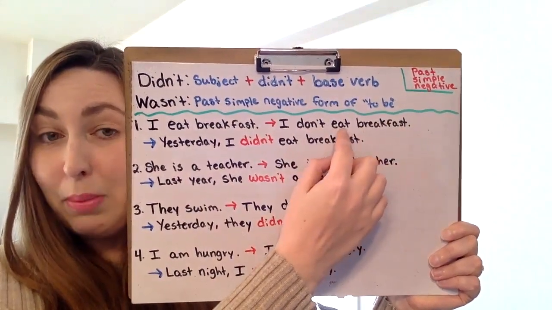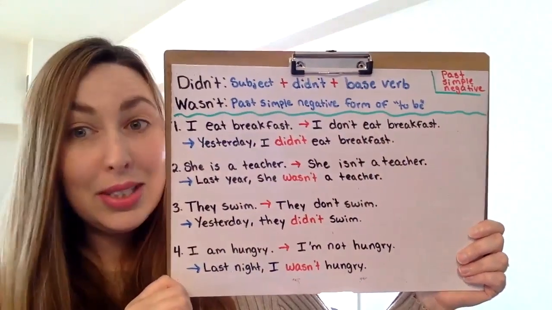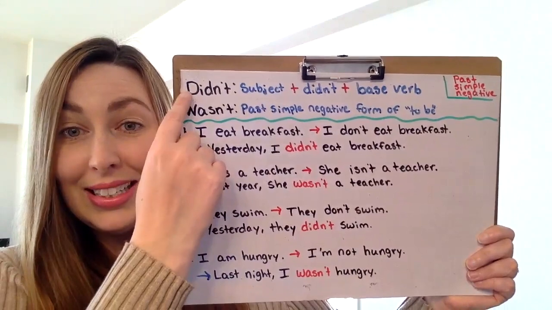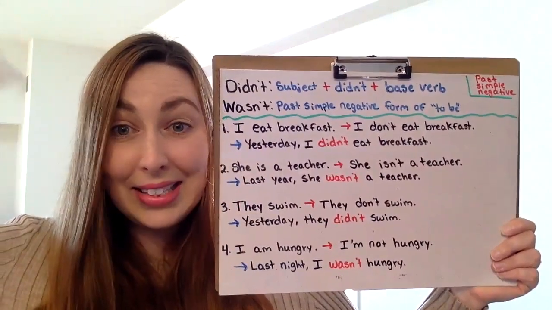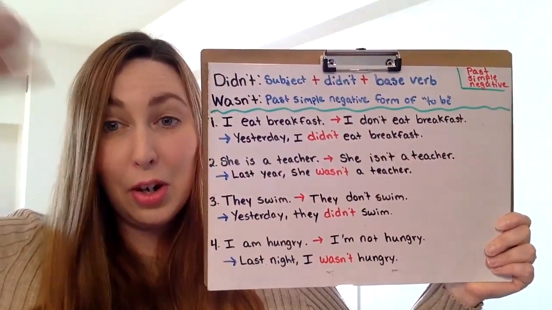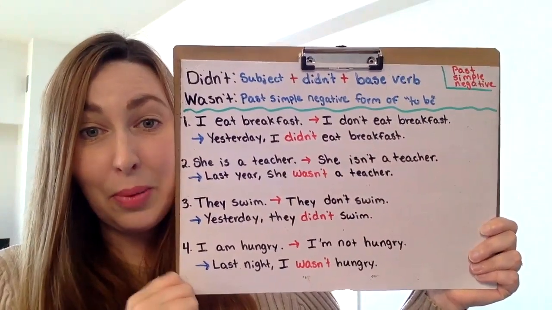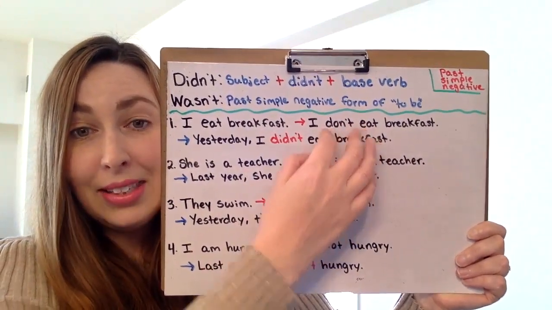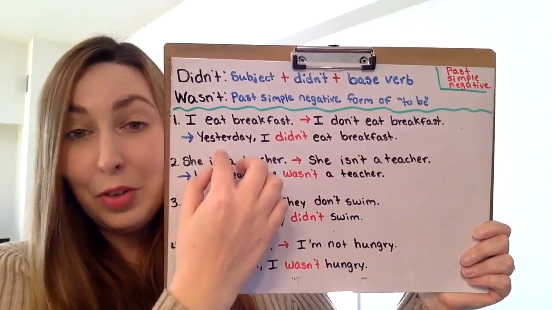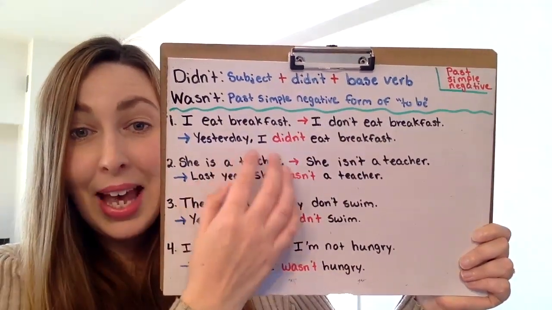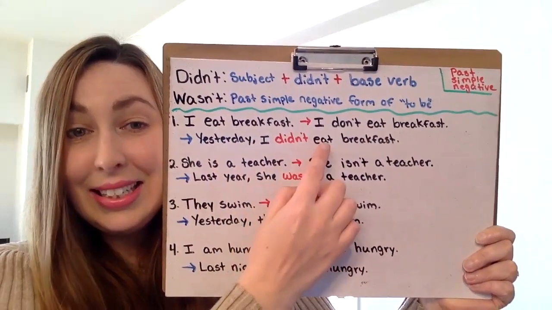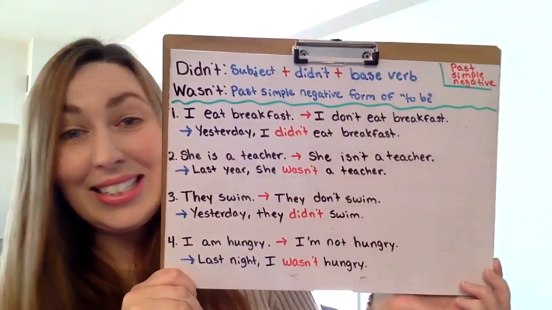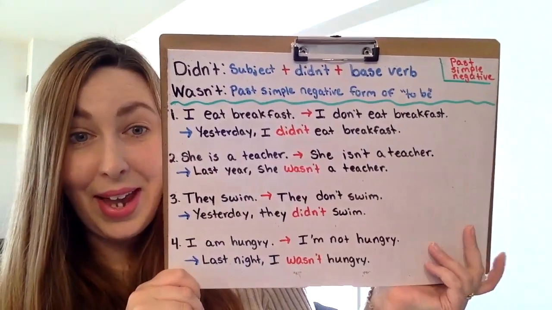Eat, the base form of the verb. Then remember, didn't is in the past, so we have to go back. If we wanted to make this sentence in the past, we would say, for example, yesterday, I didn't eat breakfast.